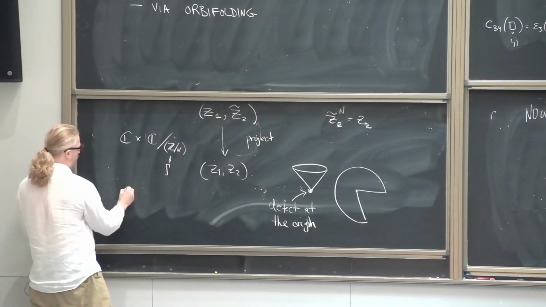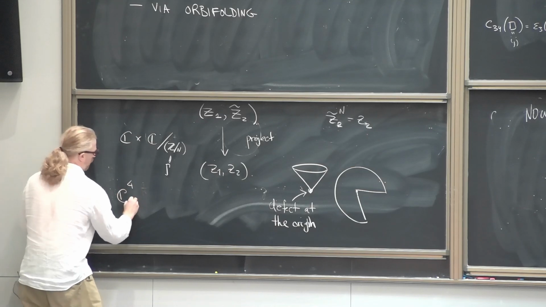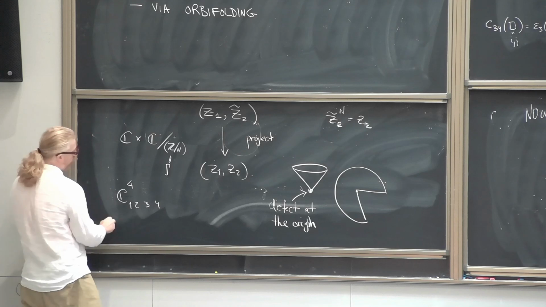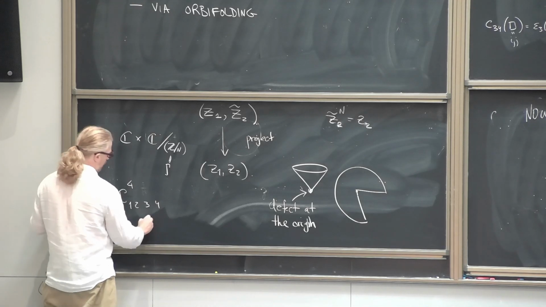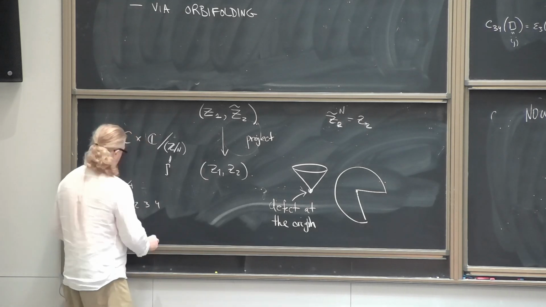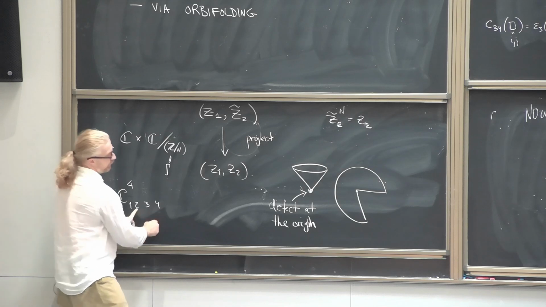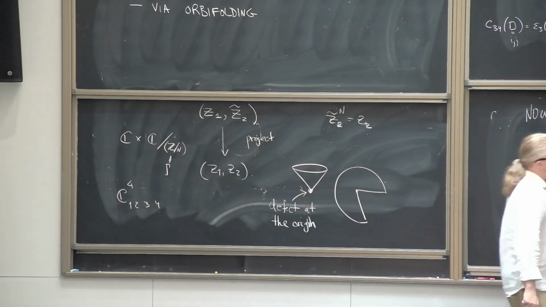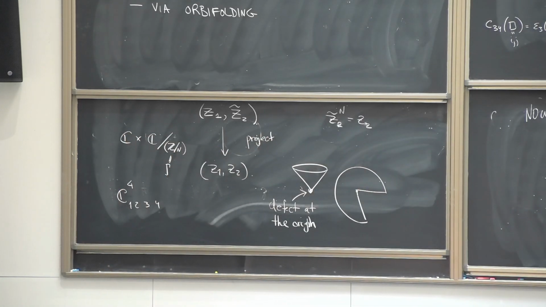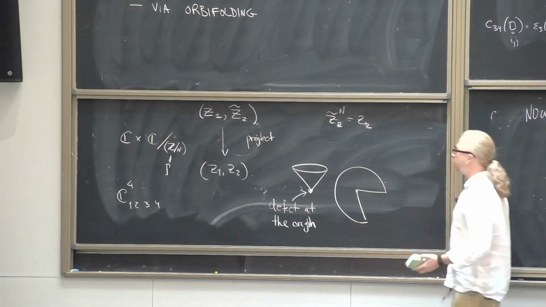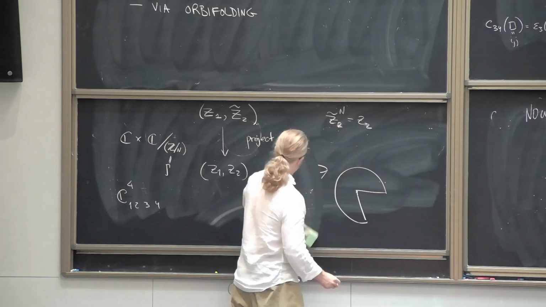And so this group gamma, we should think of this group gamma as acting in a four-dimensional space C4 by rotating Z2 and Z4 coordinates in opposite directions. So it's part of the Calabi-Yau 4 structure.